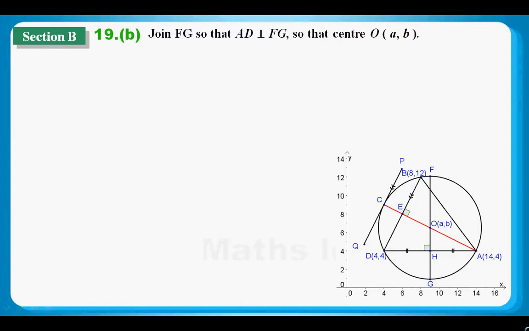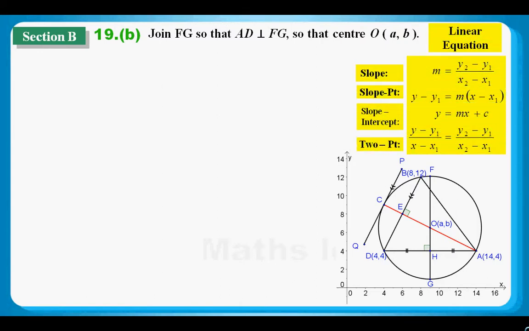So let me show you the linear equations logic structure. All linear equations are formed by actually slope. And from slope, we deduce three standard forms, which are helpful for us to find linear equations. They are the point-slope form, the slope-intercept form, and the two-point form.